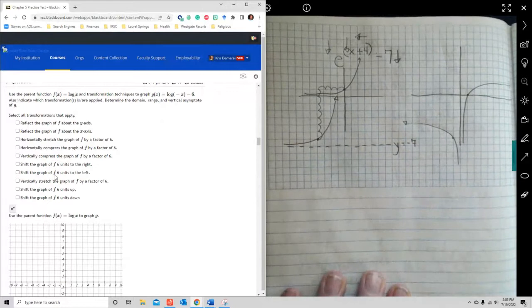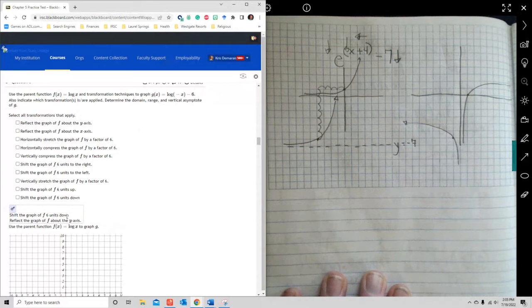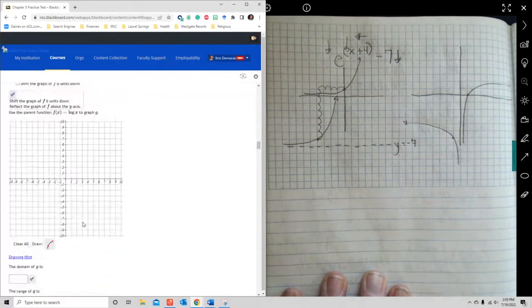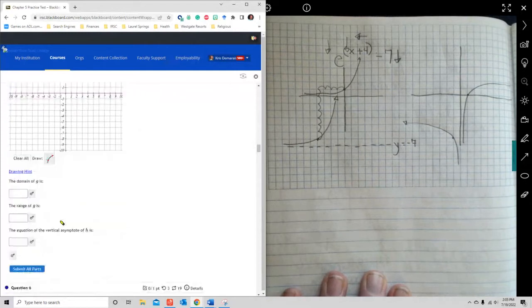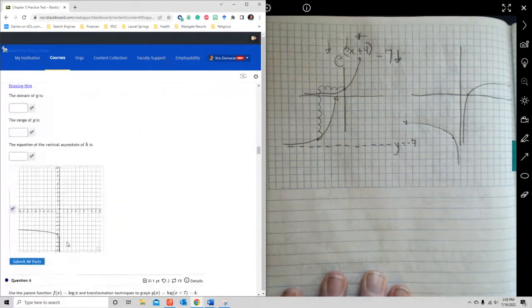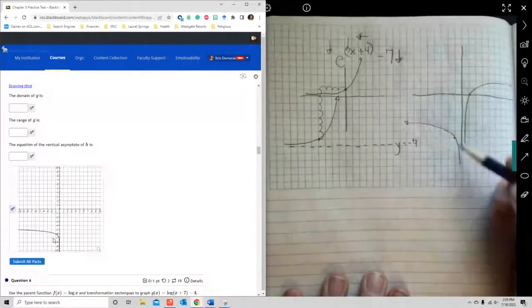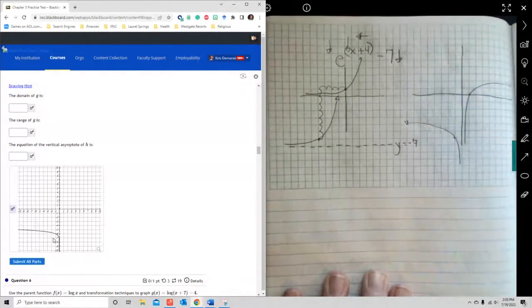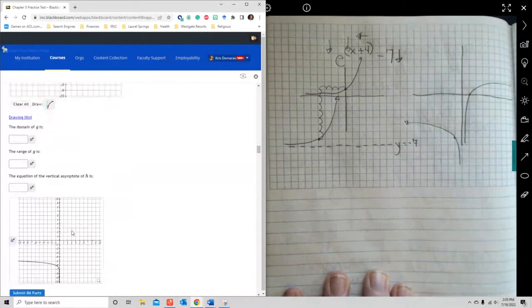So this has been reflected over the y-axis and moved 6 units down. So 6 units down and then reflected over the y-axis. So we would go ahead and graph those parts in there, and it'll look like this. Is what I have basically written here. Okay, so we want to make sure we pay attention to how to do that.